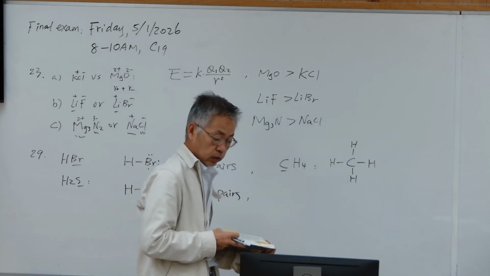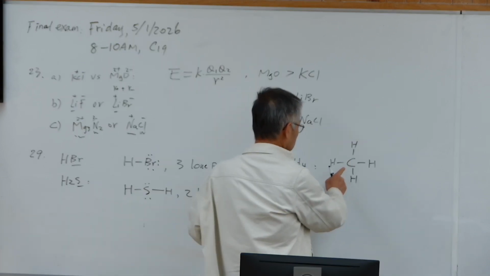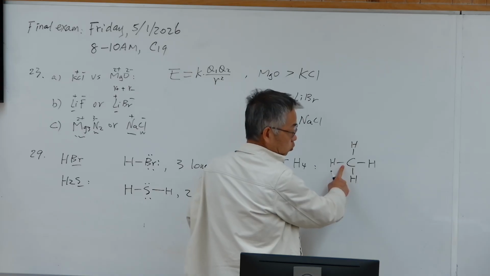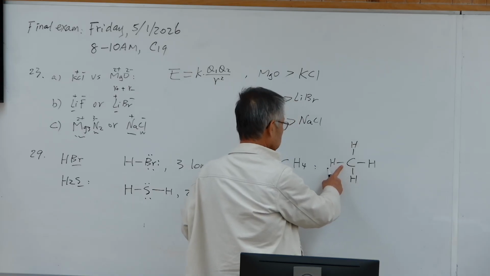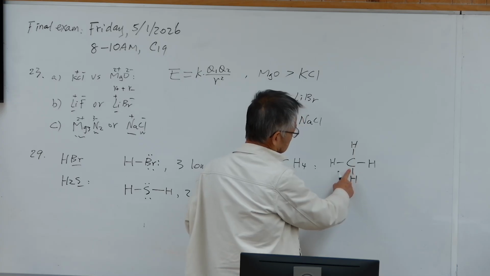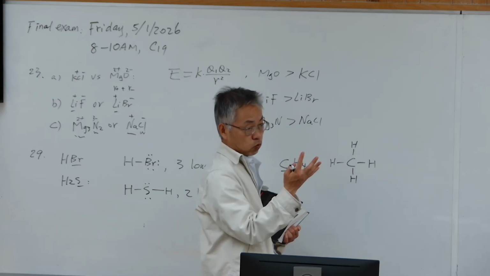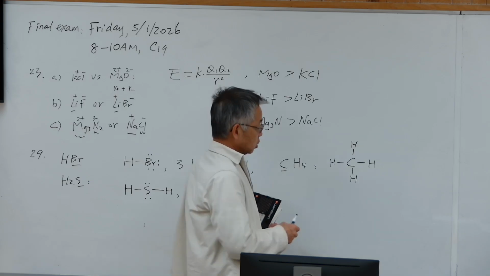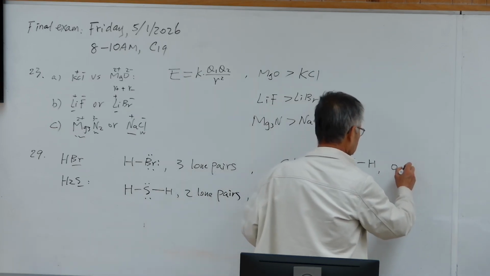Carbon initially has 4 valence electrons, but you need 1 to form each single bond. So use 1 for this single bond, 1 for this one, 1 for this one, and 1 for this one. So all 4 valence electrons are used to form the 4 single bonds. So no lone pair, 0.